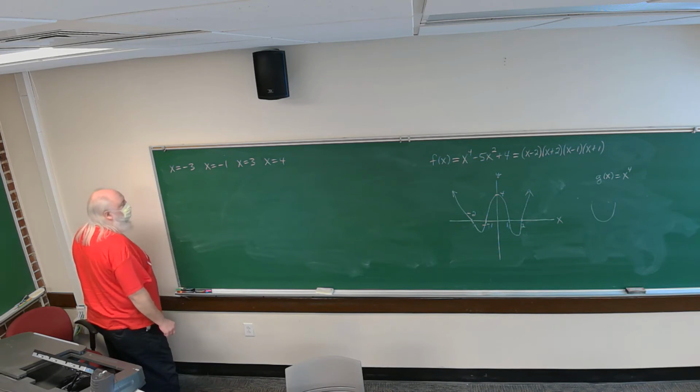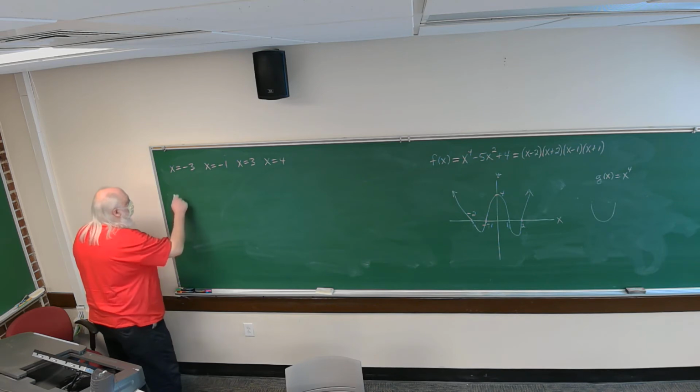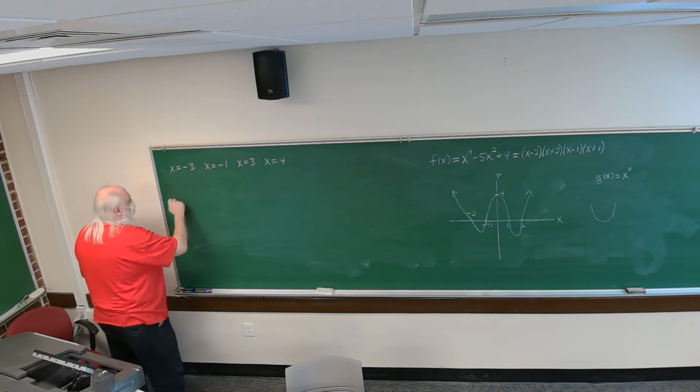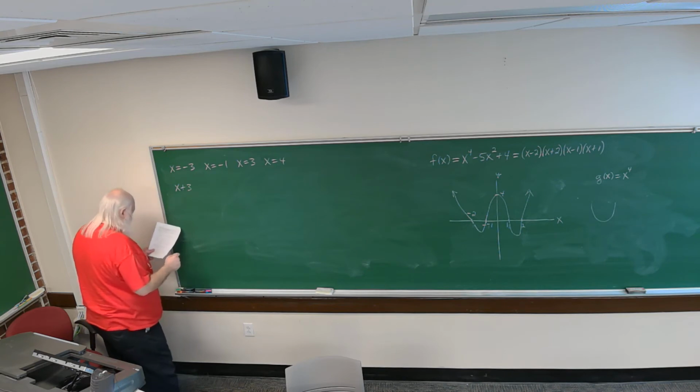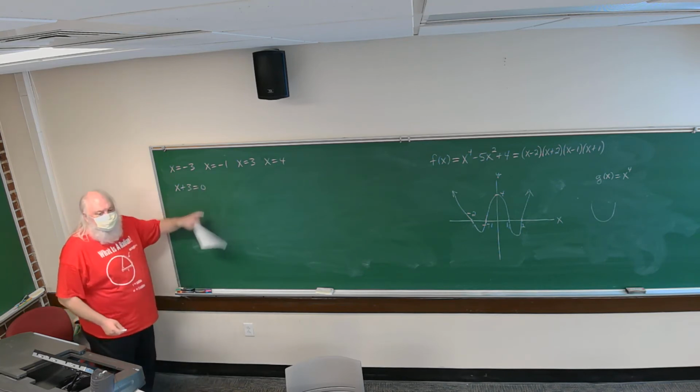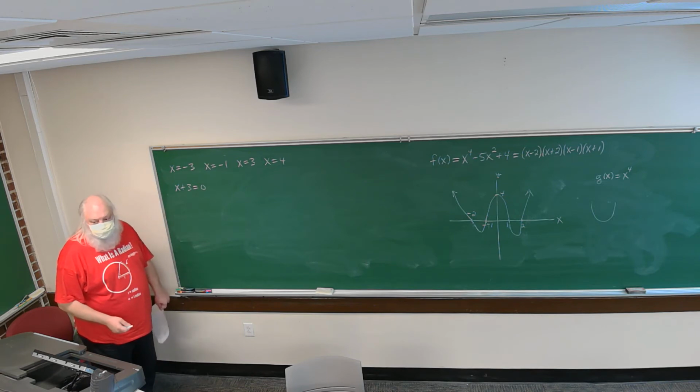Now, if x equals -3 is an x-intercept, then x plus 3 has to be a factor in the polynomial, right?